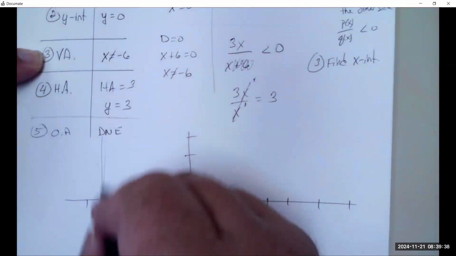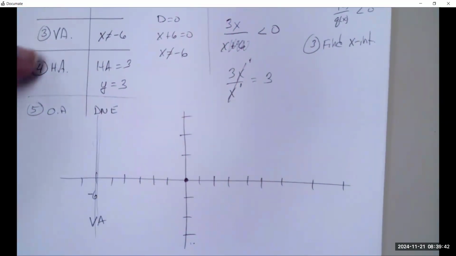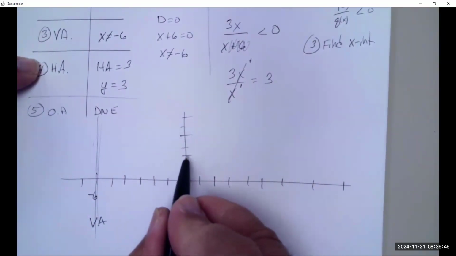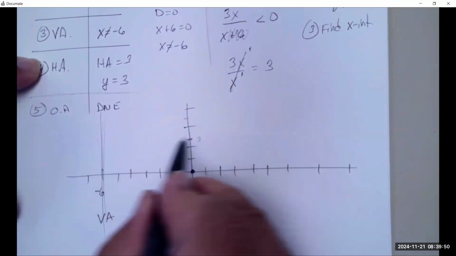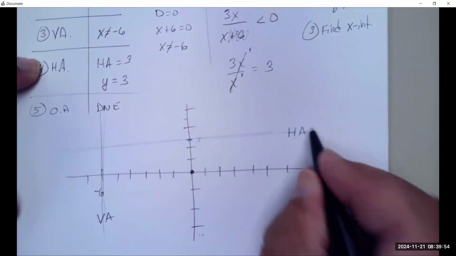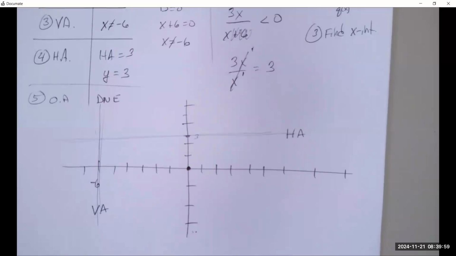So that's my vertical asymptote. Horizontal asymptote is at 1, 2, 3. So there's my horizontal asymptote. And I have no oblique asymptote.